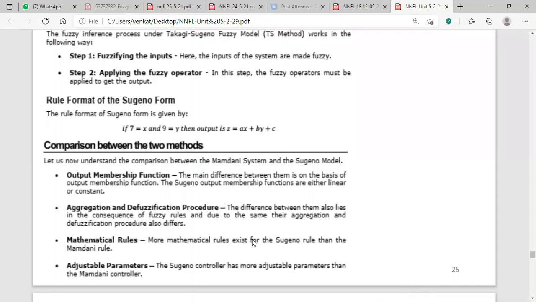Next parameter is aggregation and defuzzification process. How to aggregate the final output.